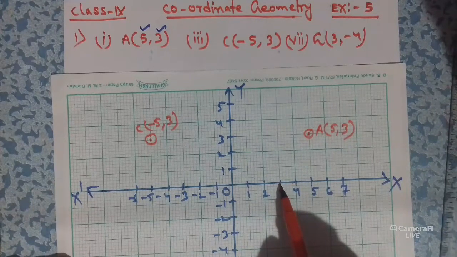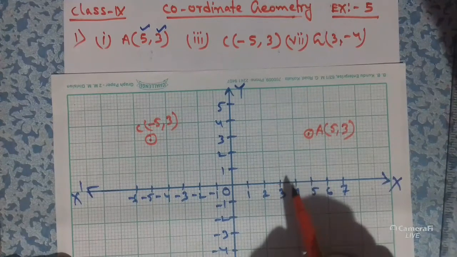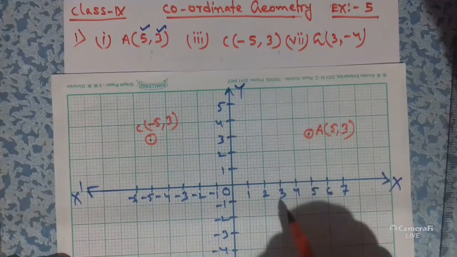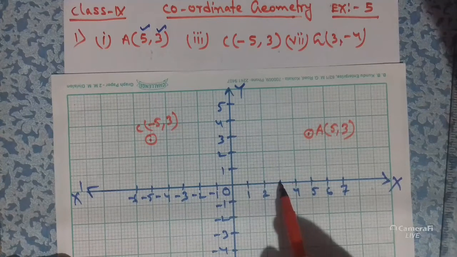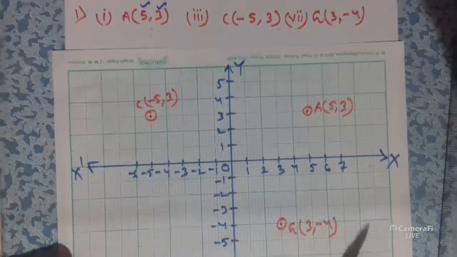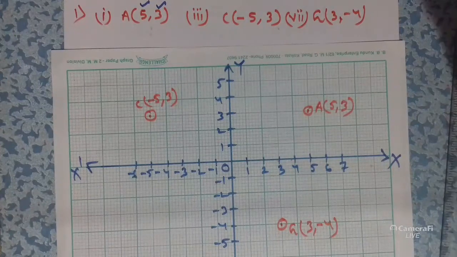Minus 4 means we have to go down. When the value of y is positive we go up, and when the value of y is negative we go down. So 3 and minus 4, 1, 2, 3, 4, this one is minus 4. So it is G (3, -4). I hope all of you understood.